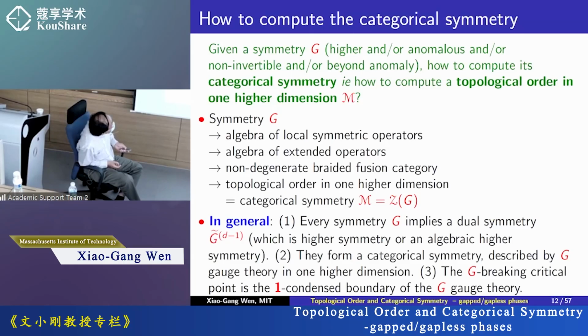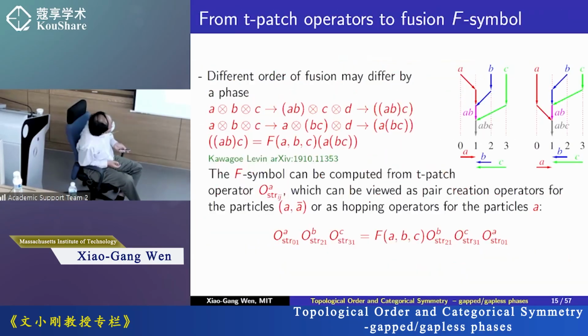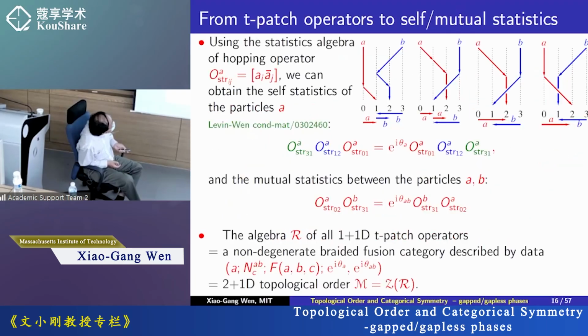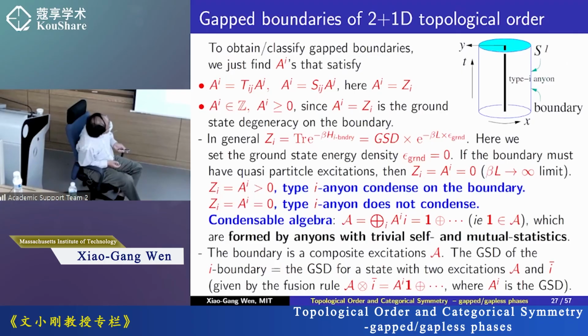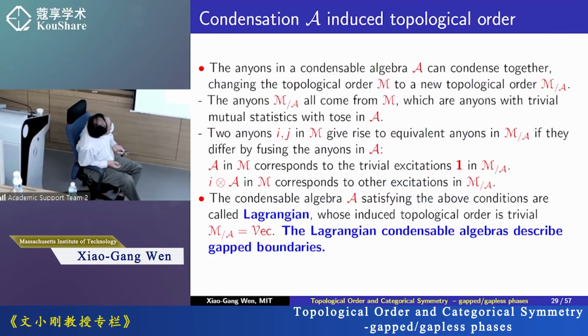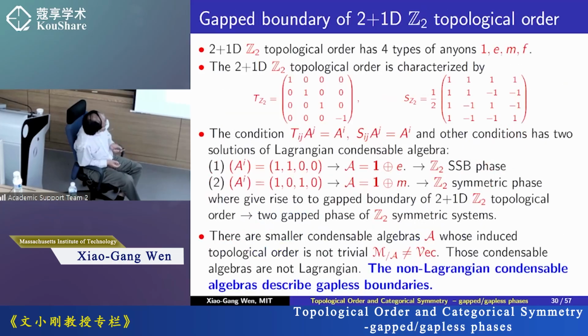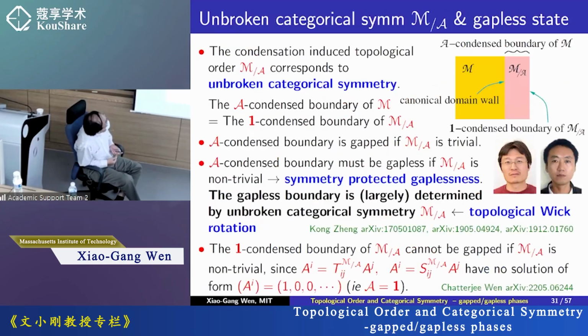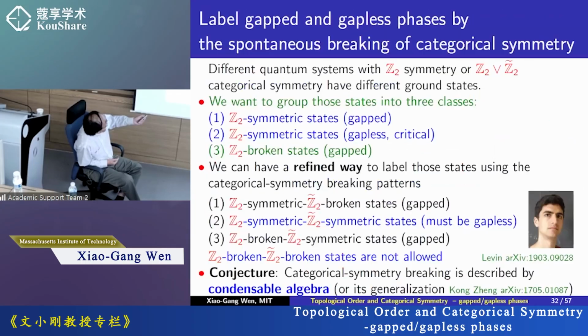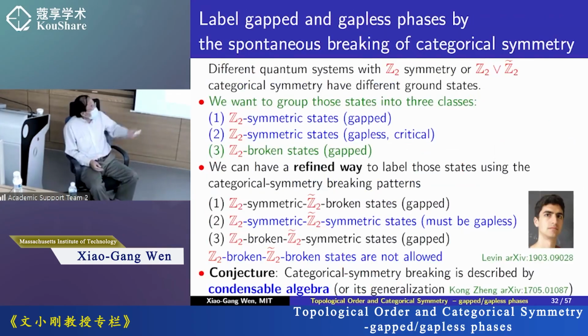I have a slide for this. Let me see. Yeah, it's here. Let's try to label gapped and gapless states. We know that for the Ising model, we consider Z2 symmetry.